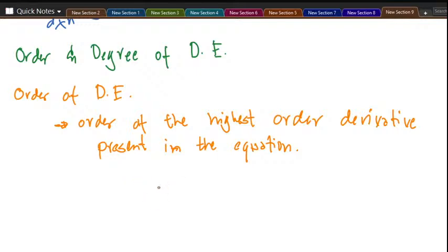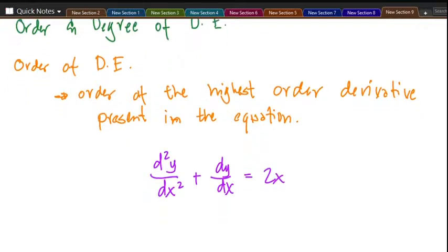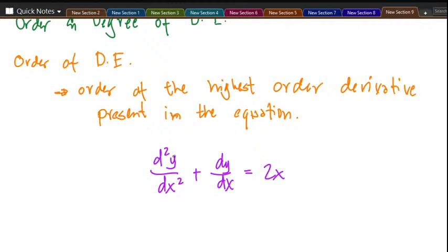So for example, we have this differential equation, d squared y dx squared, the second order derivative of y in terms of x, plus dy dx is equal to 2x. If you are going to get the order of this differential equation, we need to first analyze each of the terms. In this equation, we have three terms. In the first term, the order of the derivative is second.